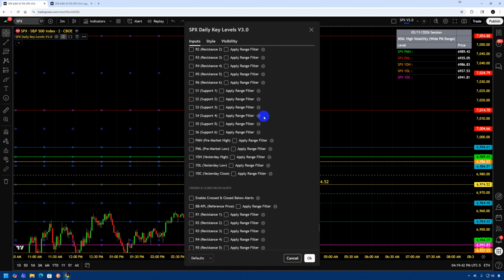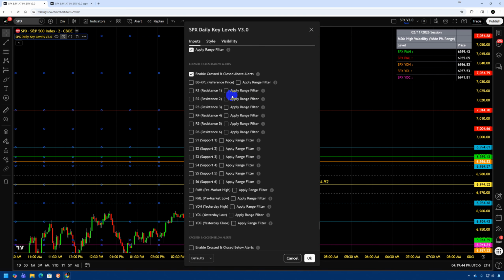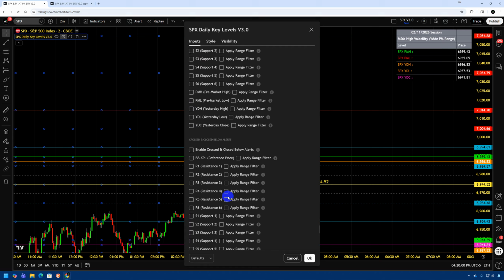All right, so as you can see here, there are alerts for all the different levels. They're only for the main key levels. They're not for midpoint levels or QL levels. They're for the BBKPL, the main R1 through R6 levels, the main S1 through S6 levels, the PMH, the PML, the YDH, YDL, and YDC levels.